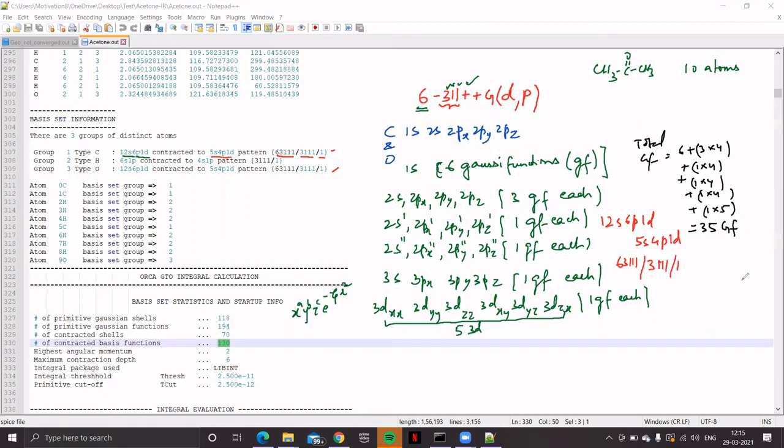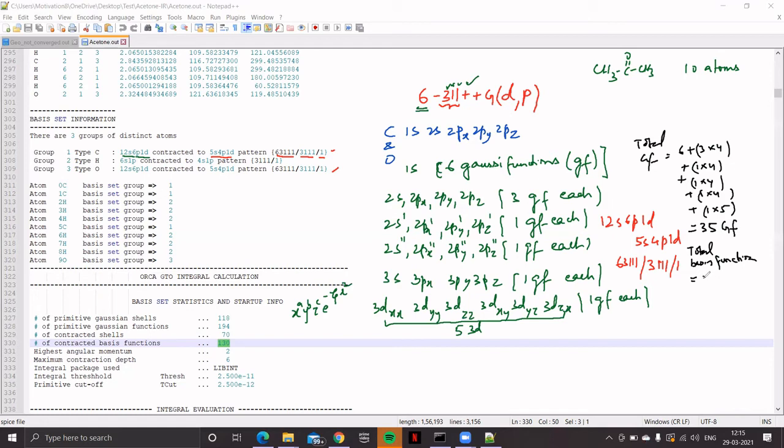How many total contracted functions, total basis functions for each carbon and oxygen atom? That is the contracted basis function count. 1 plus 4 plus 4 plus 4 plus 4 and plus 5.